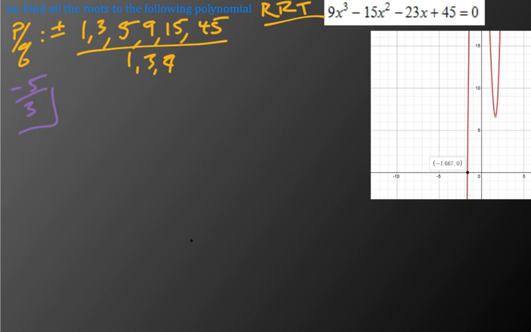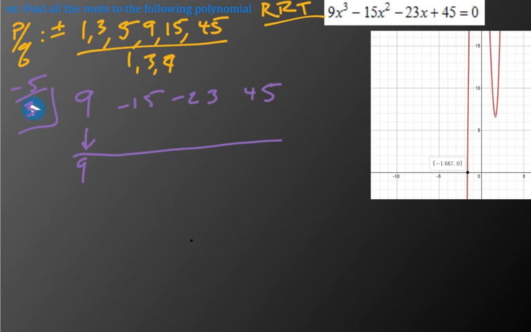And then we just do synthetic division, right, to reduce it. So we have 9, negative 15, negative 23, and 45. Those are just the coefficients, right here. We always bring the first one down. And then with synthetic division, basically what it feels like is just a lot of multiplying and adding, multiplying, adding, multiplying, adding all through.